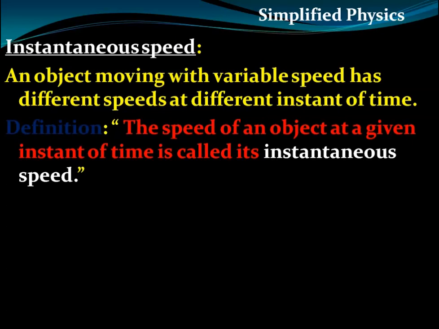It depends on the speed at that particular time. At the third second, suppose it has a speed of 7 meters per second, then that speed is the instantaneous speed. That means at a particular instant of time, the body has a certain speed. That speed at that instant of time is called instantaneous speed.